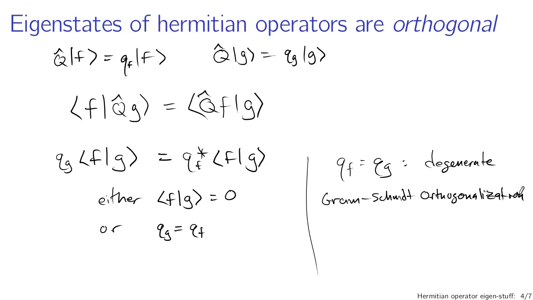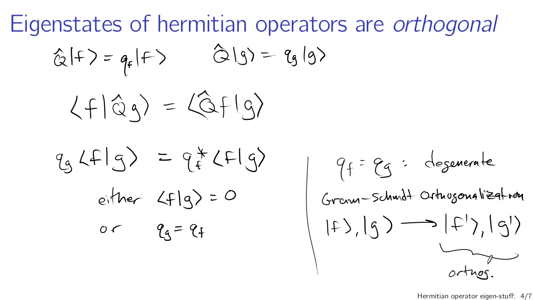And aside from having a lot of letters in it, orthogonalization is simply the process of taking these two states, f and g, and converting them into two new states, f prime and g prime, that are constructed as superpositions of f and g, such that they are actually orthogonal.